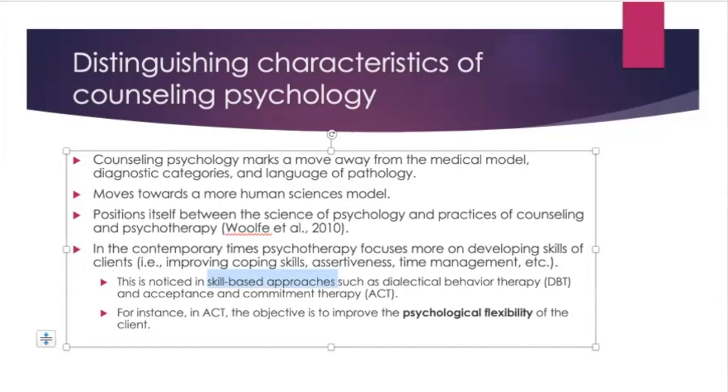That is one of the important things here, because, for example, in ACT, the objective is to make the person psychologically flexible. If you go and talk to a psychologist whose main form of therapy is CBT, probably they might tell you, look, the way you see the problem is problematic, your interpretations are not right, your thinking is negative, let's try to come up with alternative thoughts here.